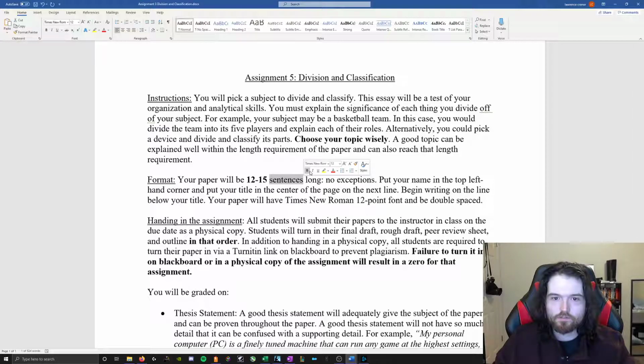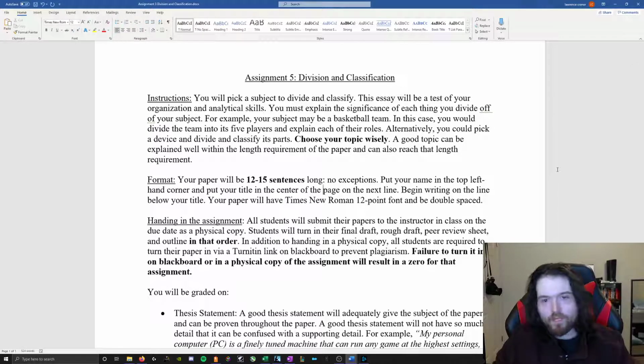We even bold the sentences. A good topic can be explained well within the length requirement of the paper and can also reach that length requirement. Your paper will be 12 to 15 sentences long, no exceptions, unless I just think you have a fantastic idea and I don't want to get rid of your sentences.